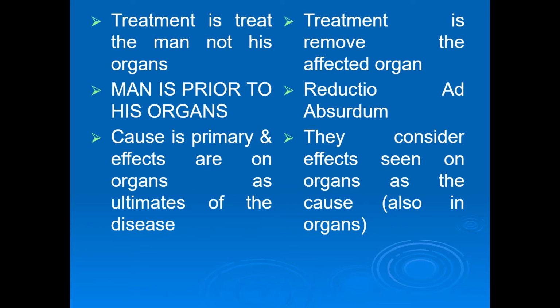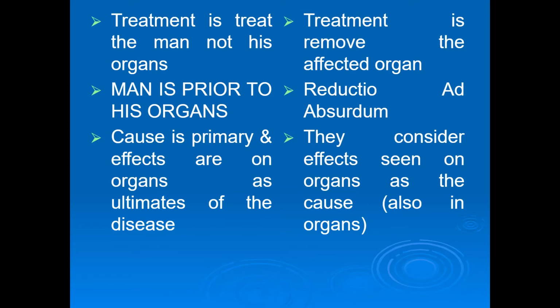They consider the effects seen on the organs as the cause. So how can the cause and effect be the same on the organs? The effects are seen on the organs as pathology, and they also consider the cause of the pathology is itself the pathology.